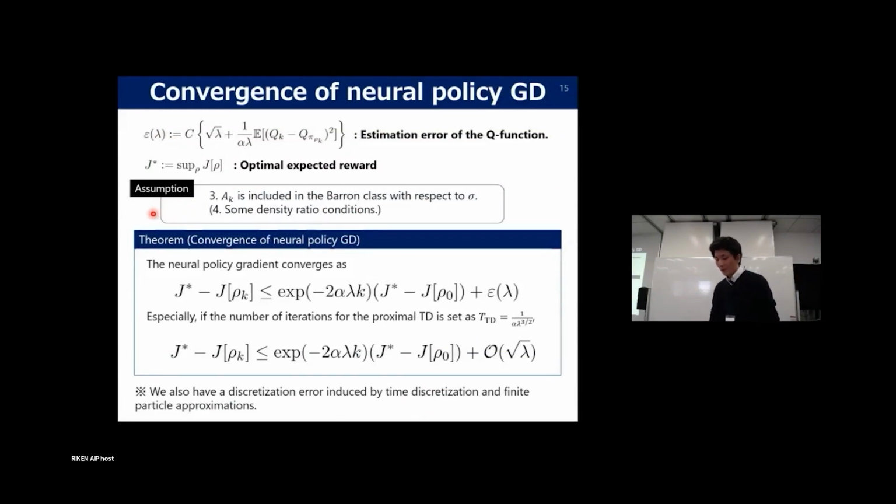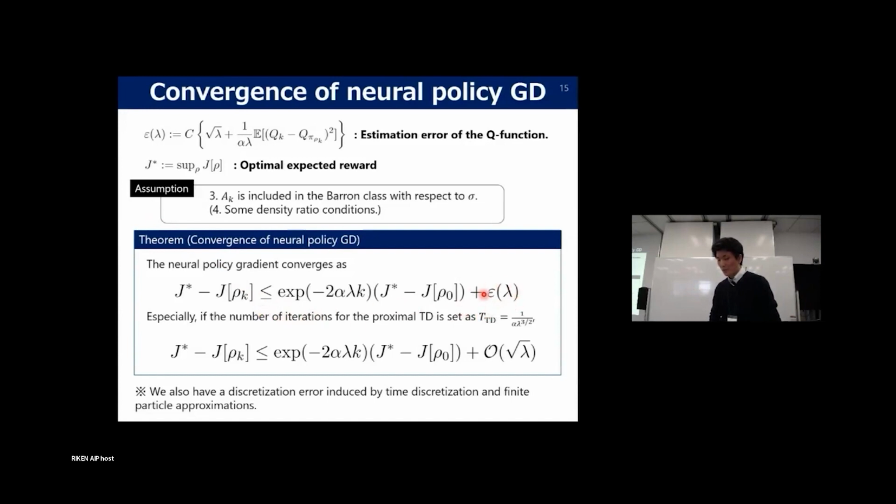The problem is that in each iteration, we don't have the exact value of the Q function. We have just an approximated value, so we need to consider such errors. By taking such an error into account, we have this convergence with respect to the policy gradient.